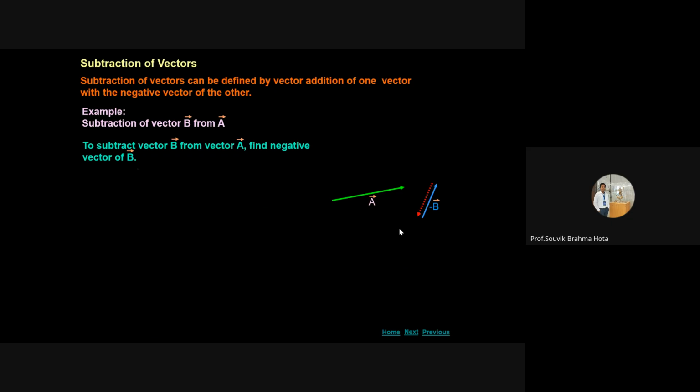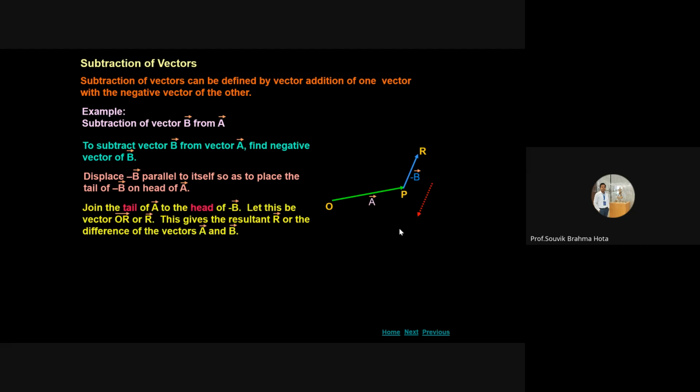So this is B. Now display minus B parallel to itself, so as to place the tail of minus B on the head of A. So first like this. Now join the tail of A to the head of minus B.